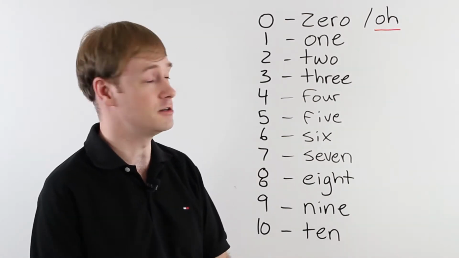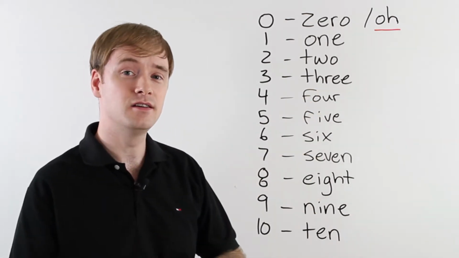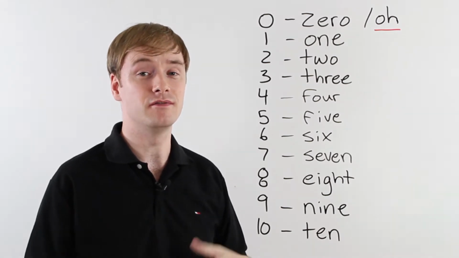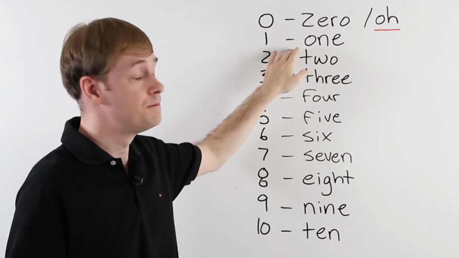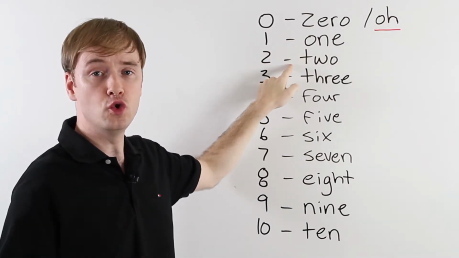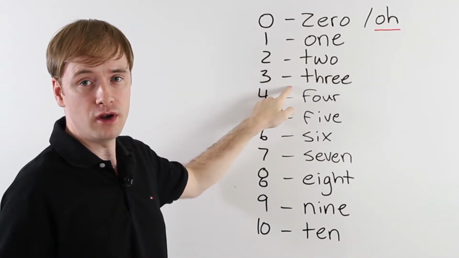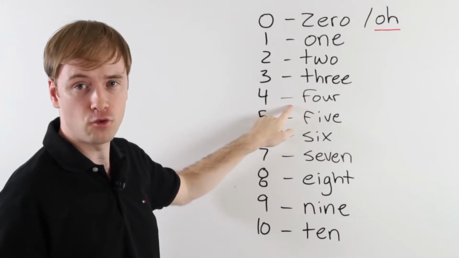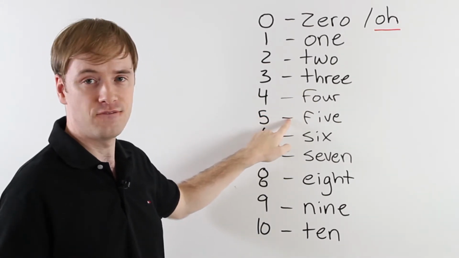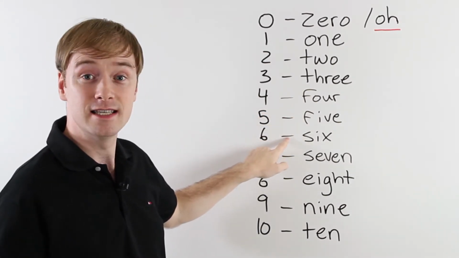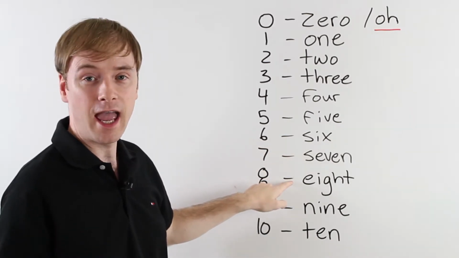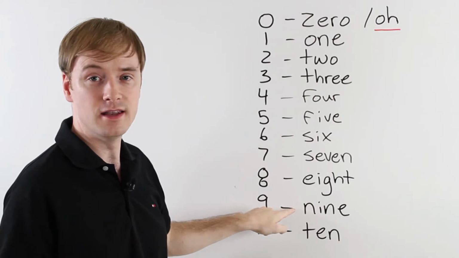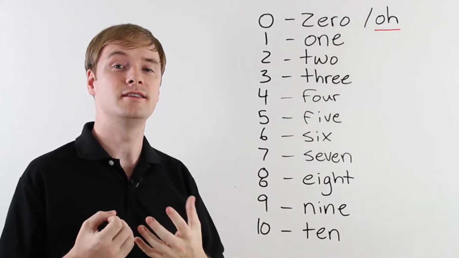They're a little bit easier. Listen to my pronunciation of each number. Okay, so the first one, 1, 2, 3, 4, 5, 6, 7, 8, 9, and 10.